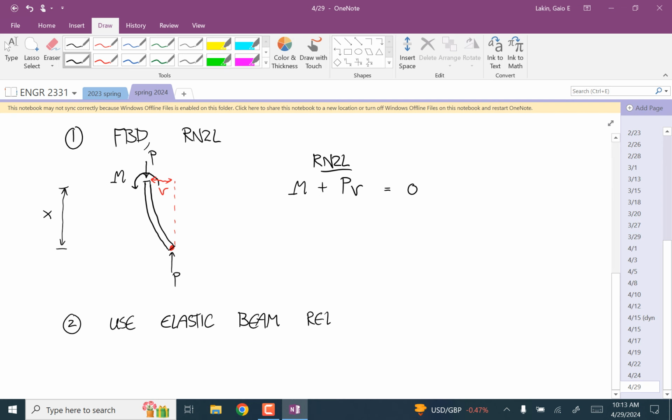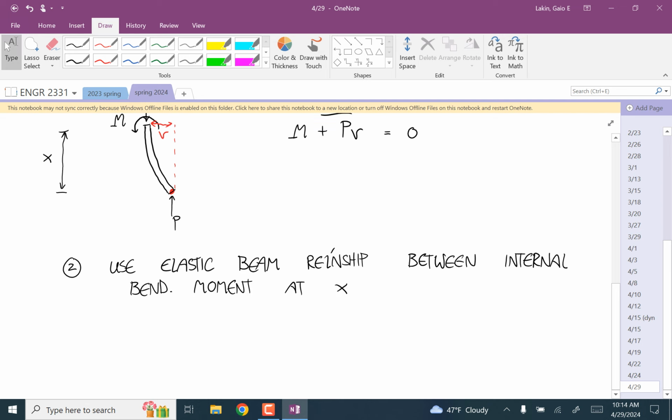So this is a relationship between the internal bending moment at a given x and the deflection.